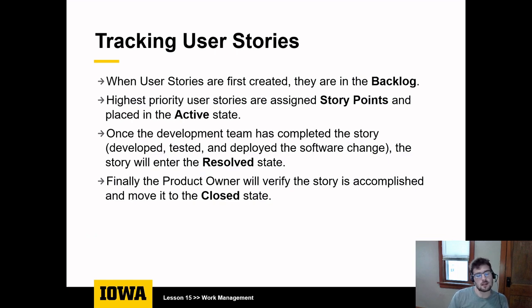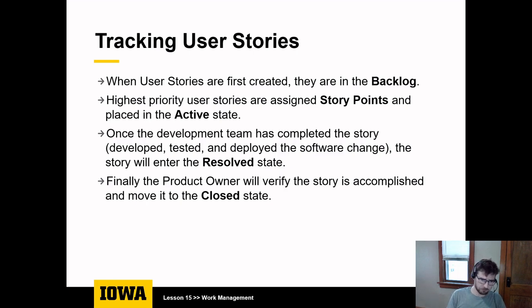Okay, this next slide is getting at the life cycle that a user story might go through. So when a user story is first written by the product owner, it is placed in the backlog. And the backlog is just going to contain all the software requirements or all the user stories that the product owner has identified and written.